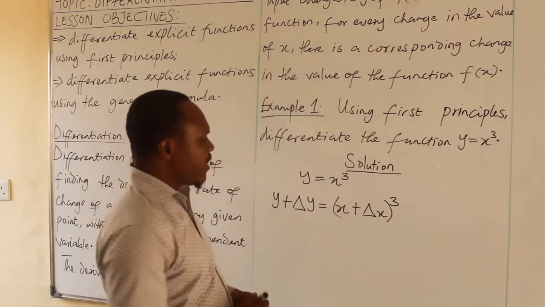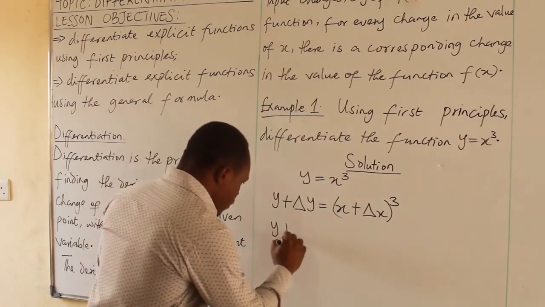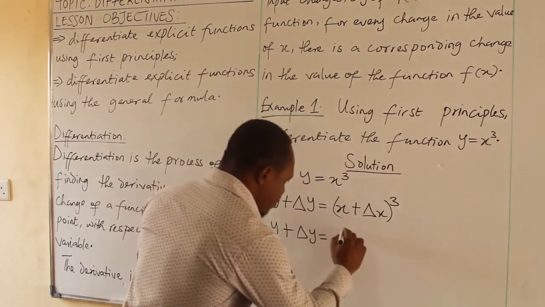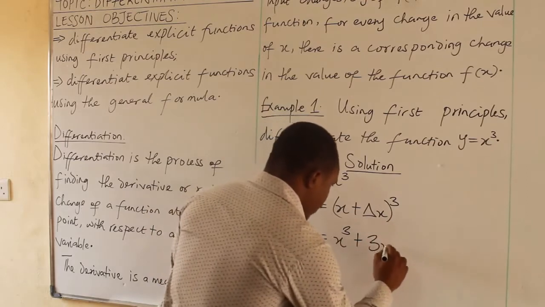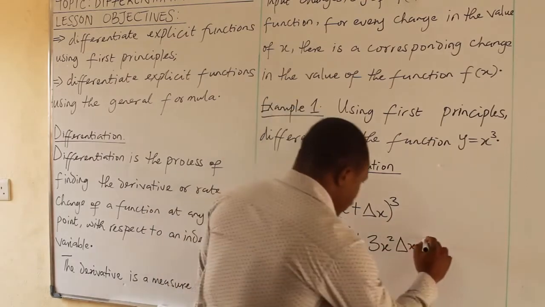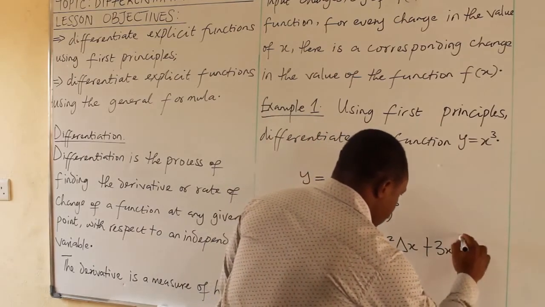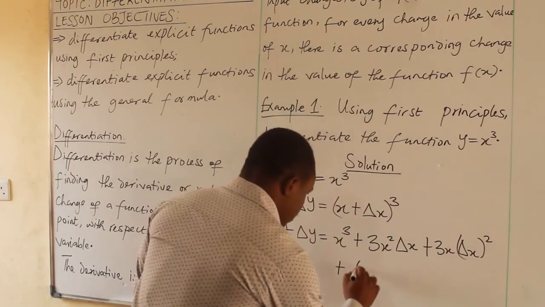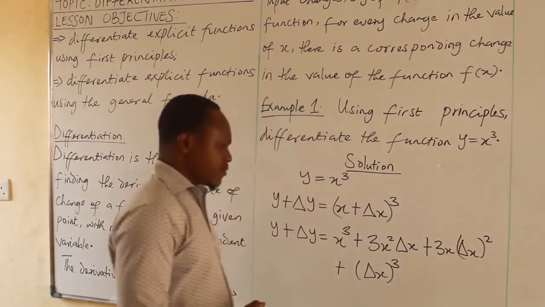I previously taught you something like this when I taught you Pascal's triangle. So the expansion gives y plus delta y equal to x raised to the power of 3 plus 3x squared delta x plus 3x delta x all squared, finally, plus delta x all raised to the power of 3.